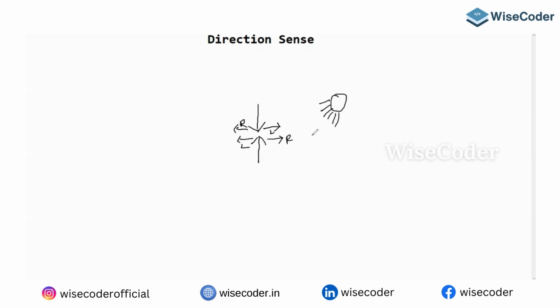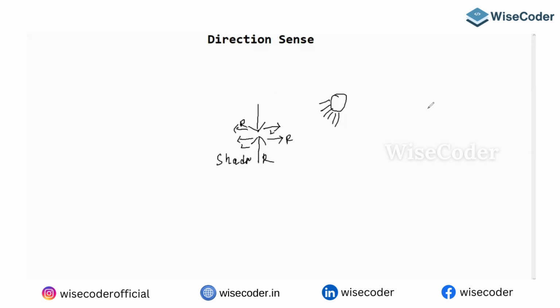It is observed that Ram's shadow fell on his left. If this is Ram and the sun comes from this side, then only the shadow will be here. Are you getting my point? When the shadow is here, this fellow is Ram.